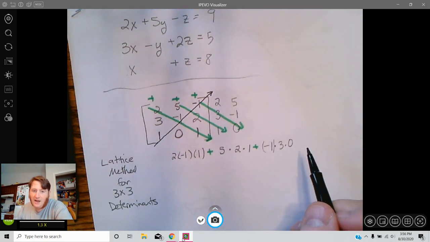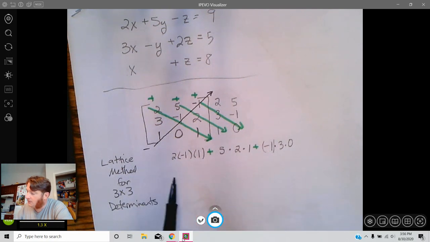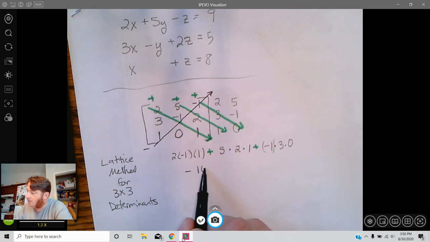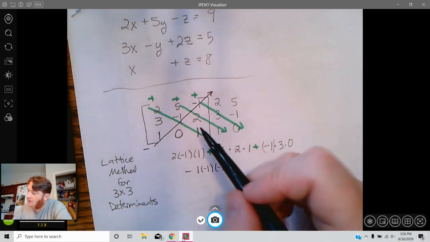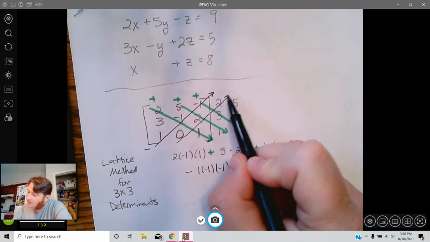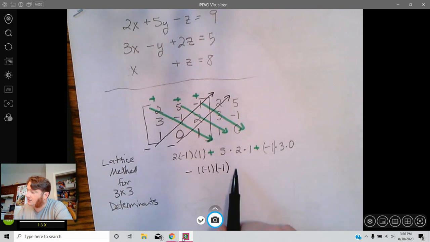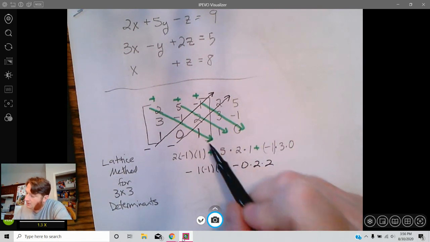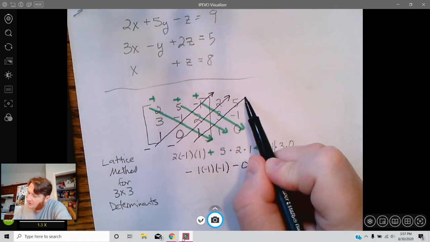That would be an upward diagonal. So minus 1 times -1 times -1. This would be an upward diagonal. So it would be negative or a subtraction. So minus 0 times 2 times 2. This would be an upward diagonal.